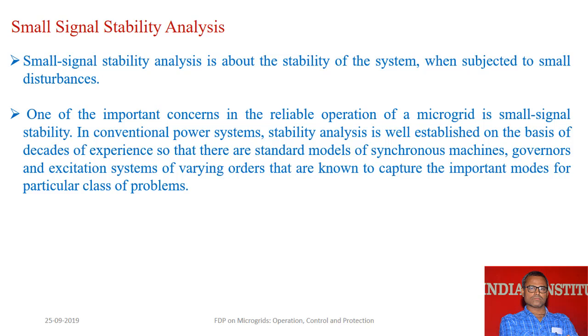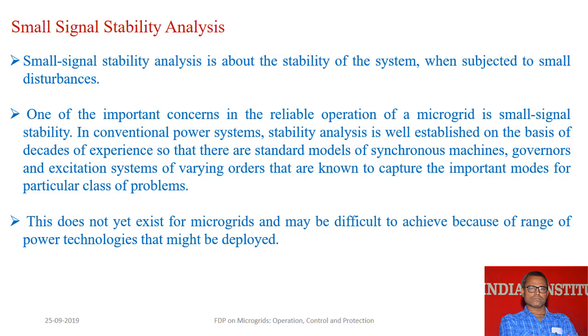In order to capture more transient phenomena, we have to increase the order of the model. And the simplest model, the classical model, we can take for simplified analysis to know whether the system is stable or not. But if we consider the exact model, then we can do more transient analysis.